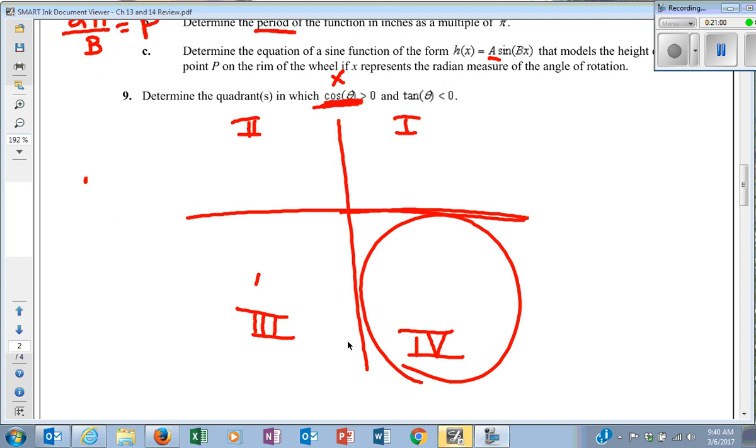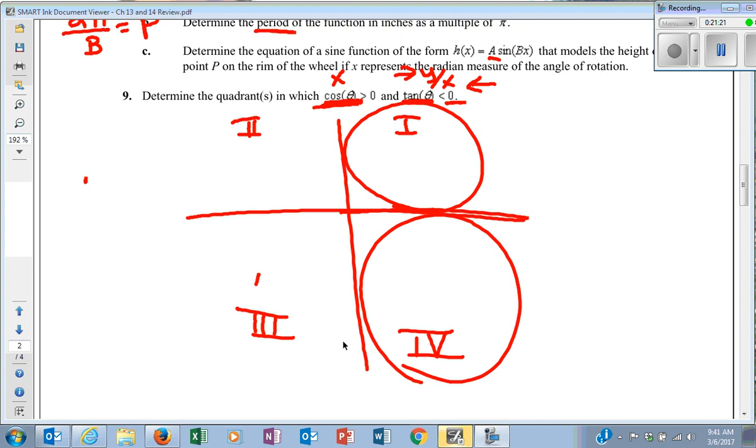Then the last one says, where is tangent of x less than 0? Tangent is y divided by x. And in order for it to be negative, that means that either y is negative or x is negative. I don't care which one, but both of them cannot be negative.